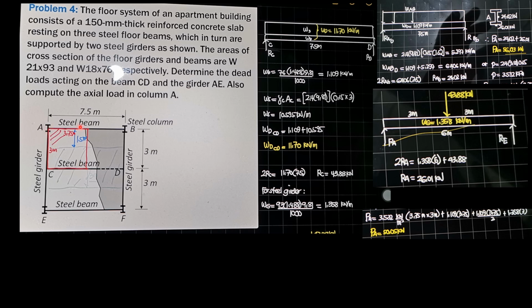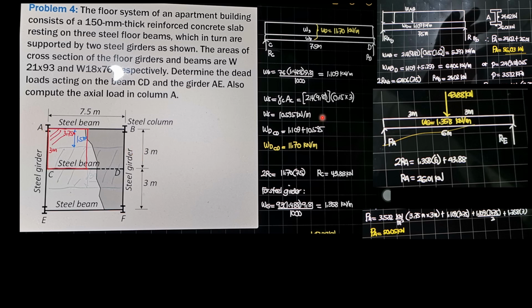All loads within these boundaries would be transmitted to A, and the dimension of this boundary or tributary area would be half of 7.5, 3.75 meters, and of course this is 3 meters.